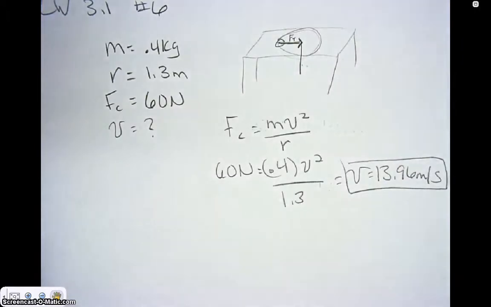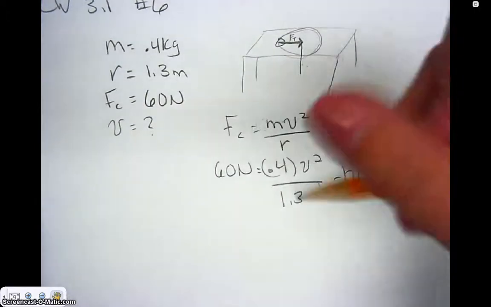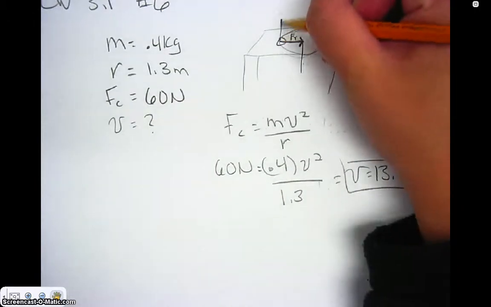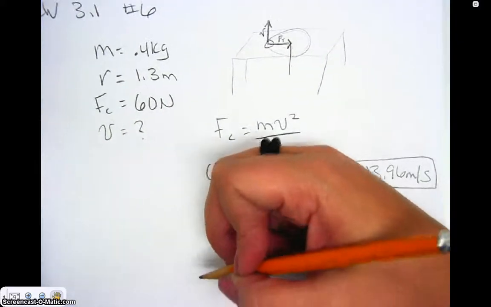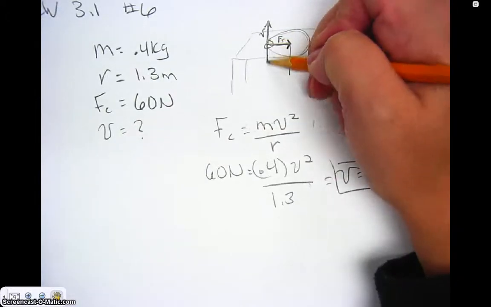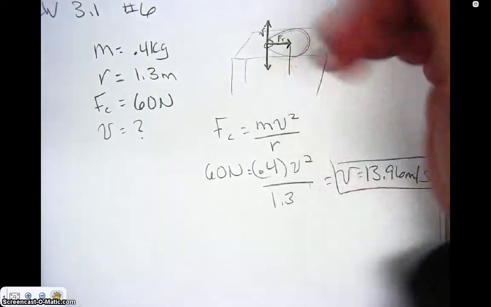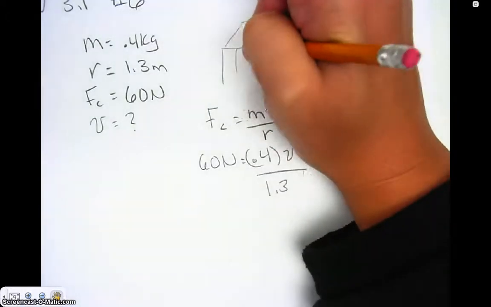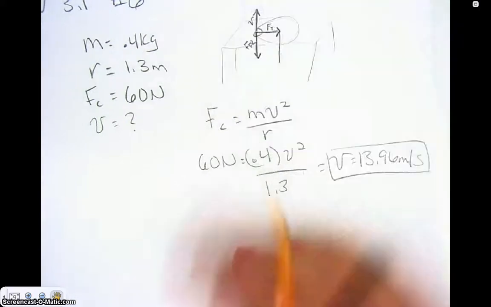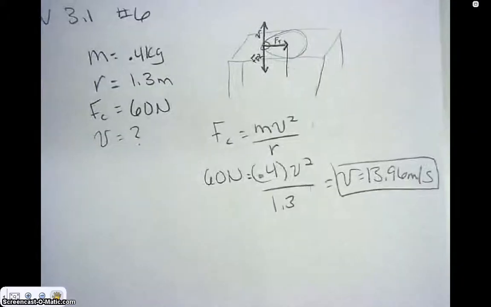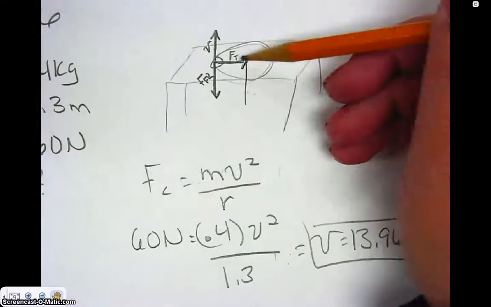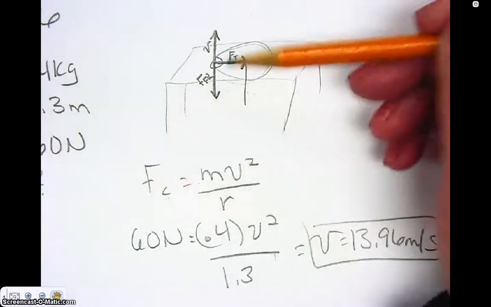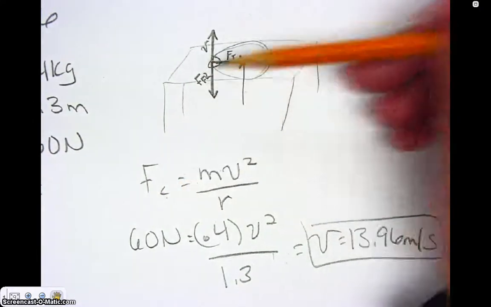As the ball slides along the surface, at this instant its velocity is tangent to the circle, so its velocity is in this direction. Friction would oppose the motion, so here's the force of friction. From the picture, we can see that the tension, or centripetal force, is perpendicular to the frictional force.